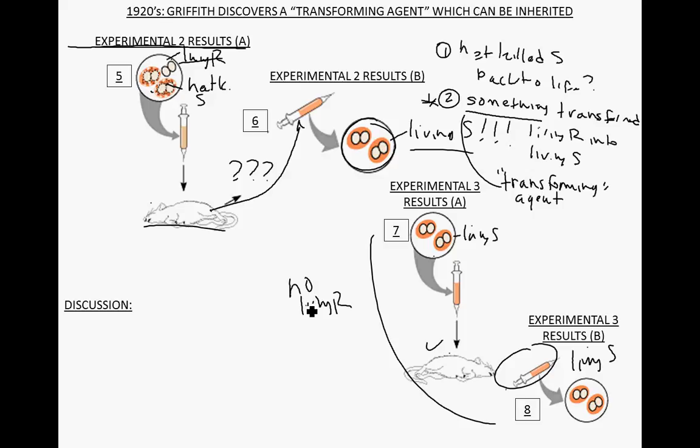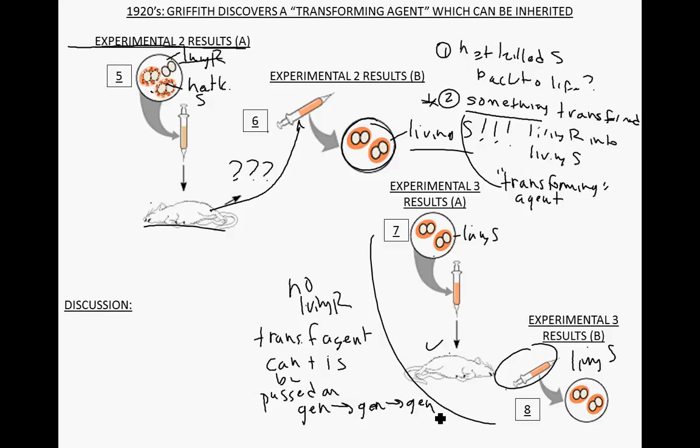Right? So this transforming agent can be and is passed on generation to generation to generation. Right?